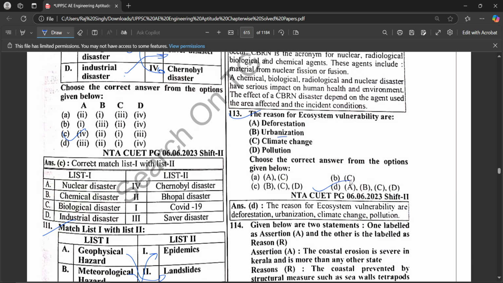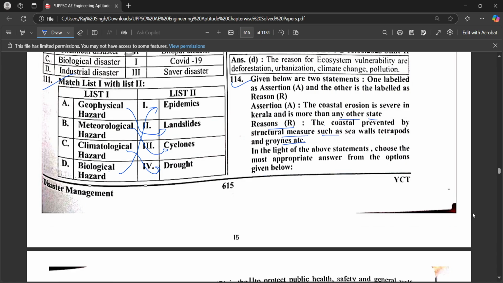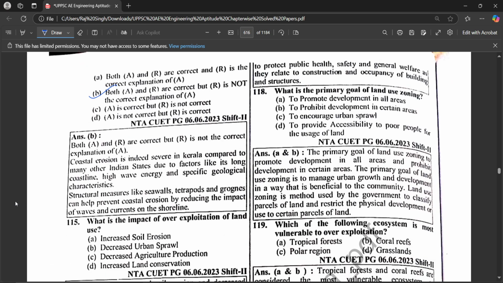Hence, all options are correct. Assertion: coastal erosion is severe in Kerala, more than in any other state. The coast is protected by structural measures such as sea walls, tetrapods, and so on. Hence, both statements are correct, but the reason is not the explanation.